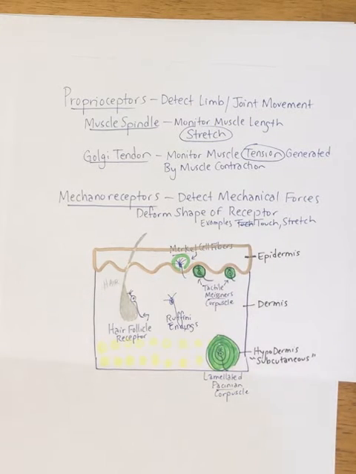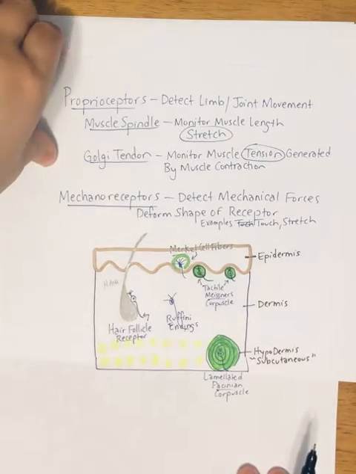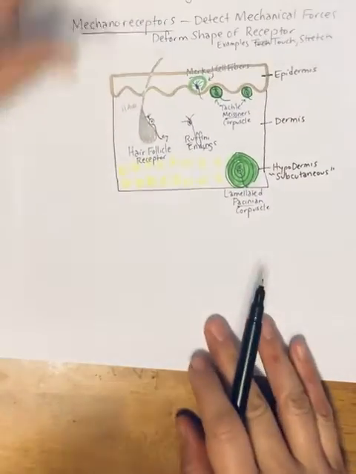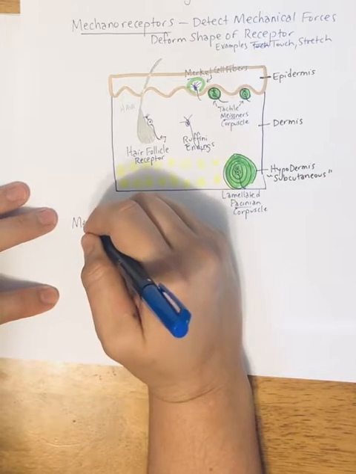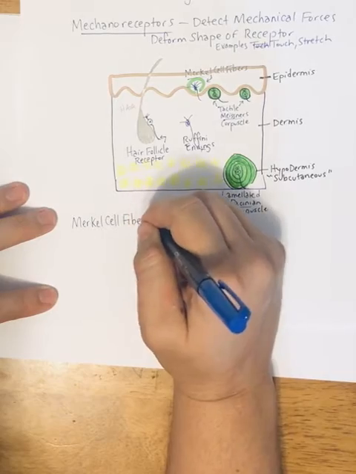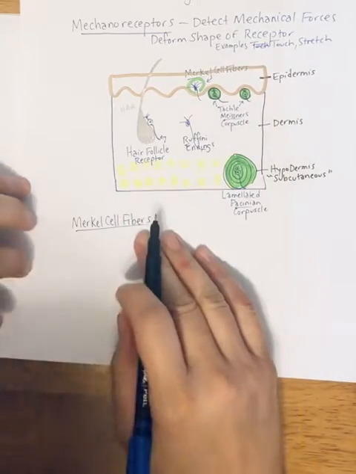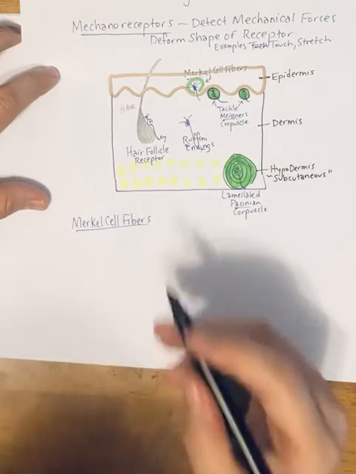All of these are going to be mechanoreceptors. So we're going to start with Merkel cell fibers. By looking at Merkel cell fibers, we would say that these are encapsulated.